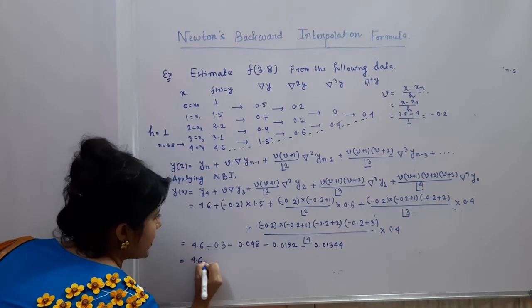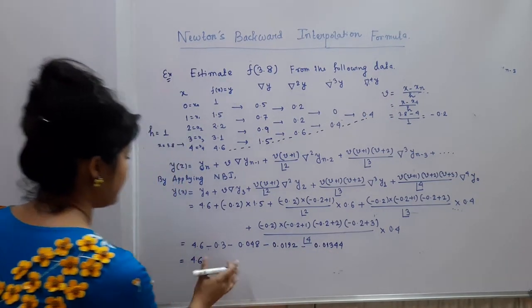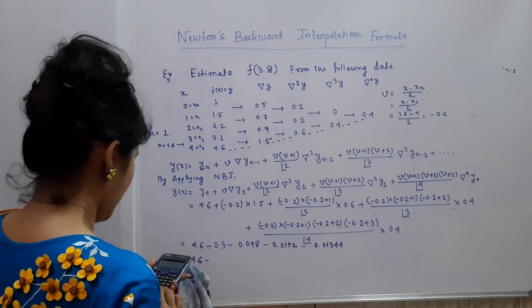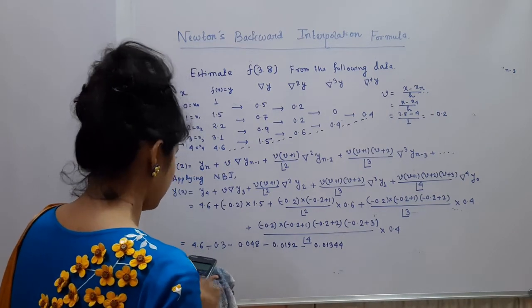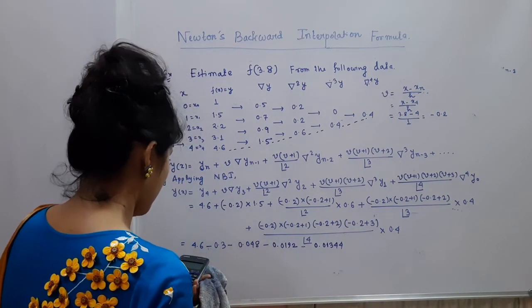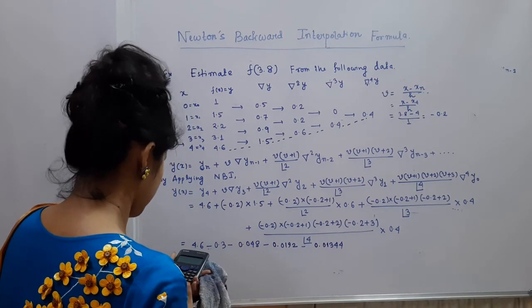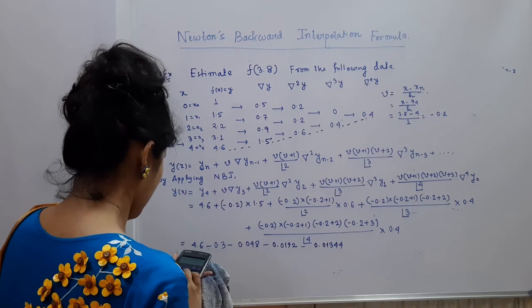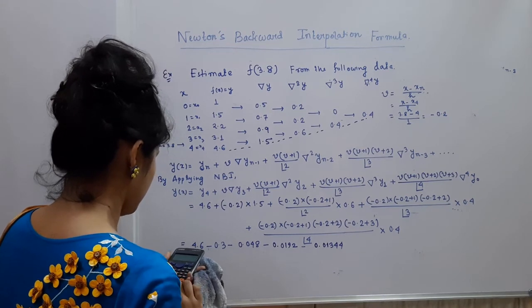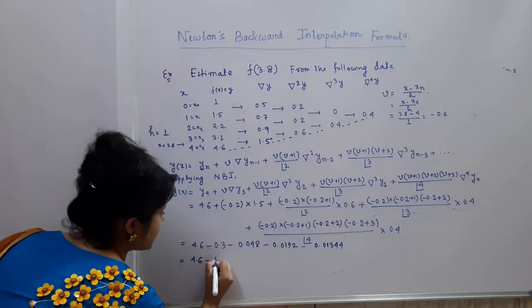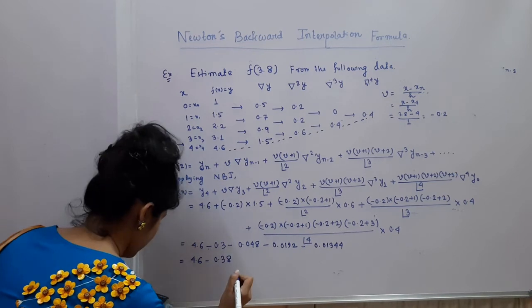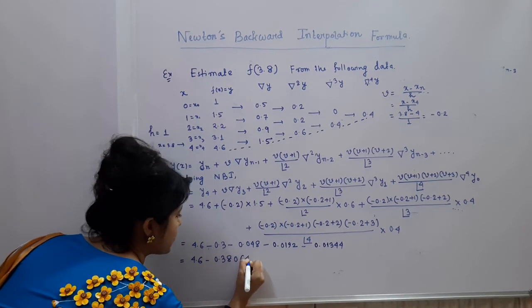So this is 4.6 and these are all negative. So I am going to add them. Okay. This plus 0.048 plus 0.0192. Okay. So that is 0.38064.